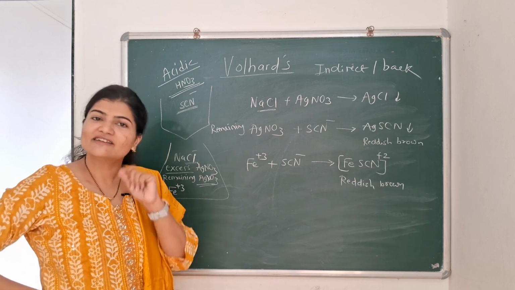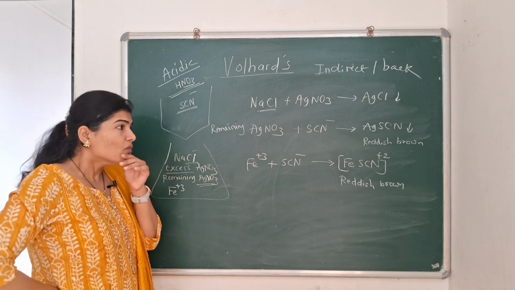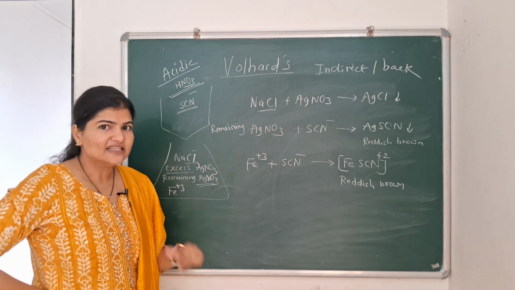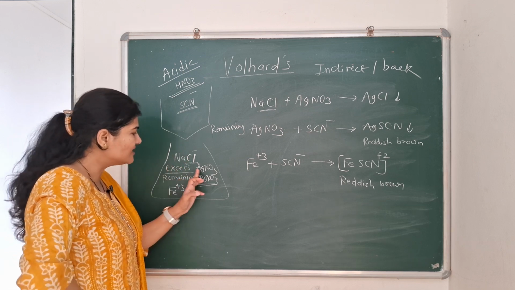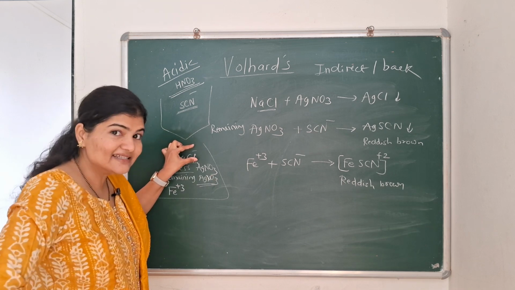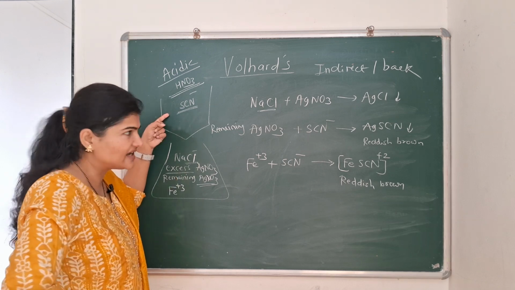Now but there is a limitation which we have to mention here. See, what happens is, now you know the sequence of events. First, my analyte has to react with the silver nitrate. Once all the analyte is reacted, silver nitrate which is remaining reacts with thiocyanate.